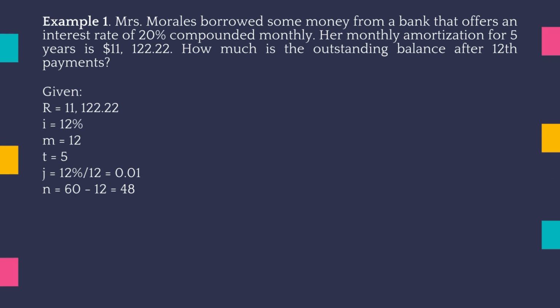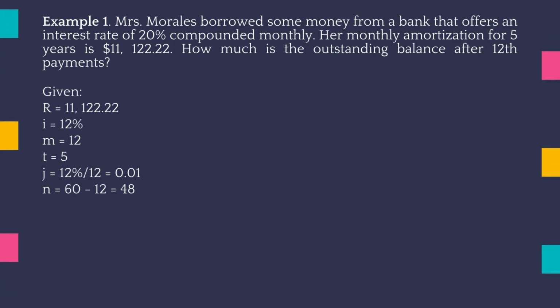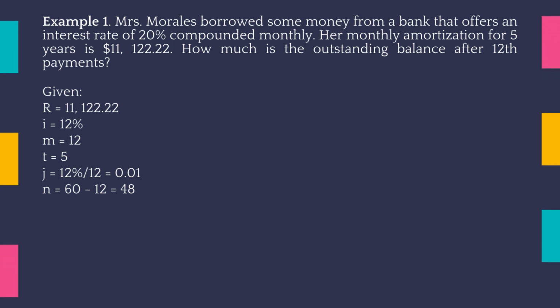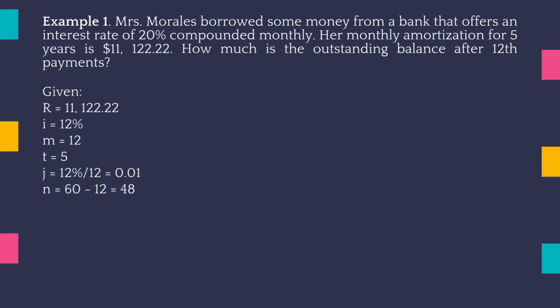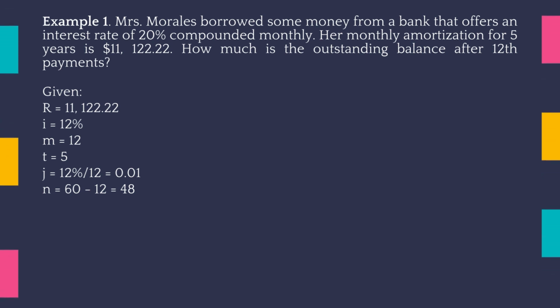J is equal to i over m, or 12% over 12, which is equal to 0.01. Then N is equal to M multiplied by T, that's 60, minus the 12 payments, and then it is equal to 48.